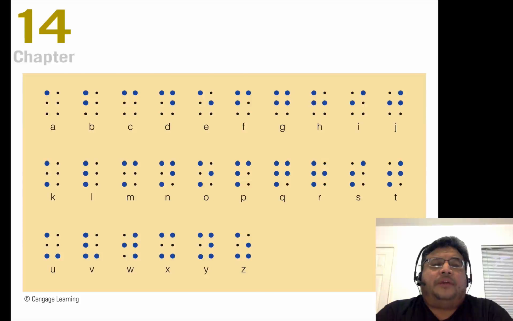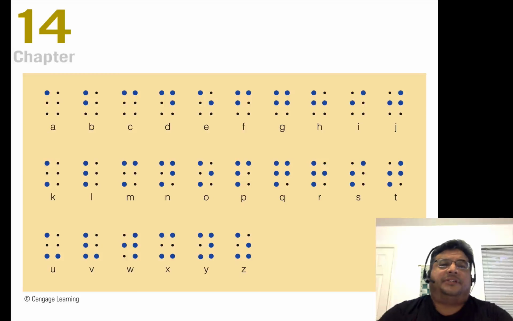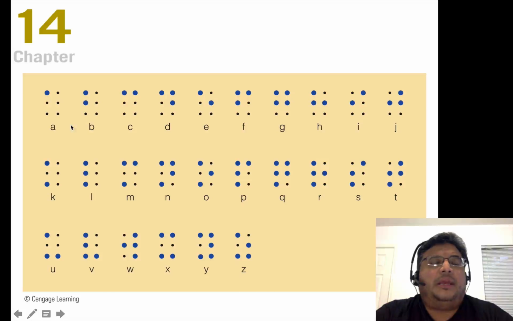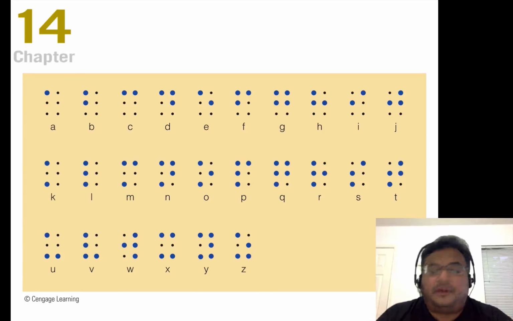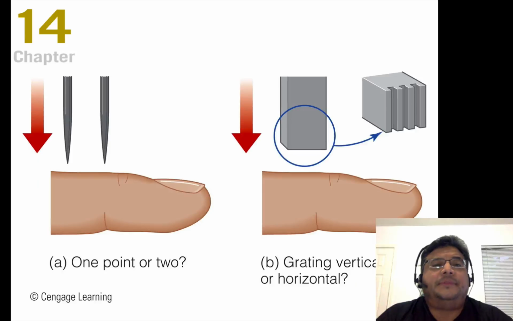As you encounter each of these patterns, you can tell, for example, if we go from A to B, that A is a dot in this position here, and then B is 2 dots, and then C is 2 dots as well, but the dots go in the other direction, and so on. And slowly but surely you can be taught how to distinguish these dots because our fingertips are very sensitive.